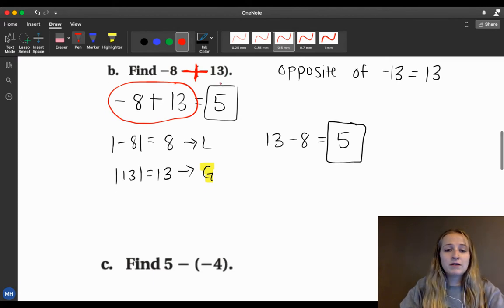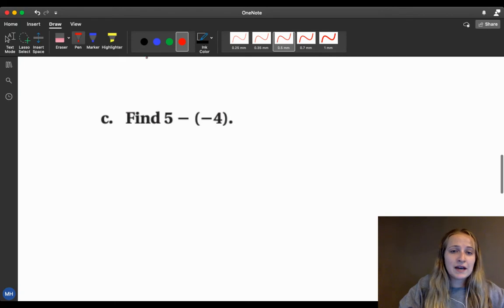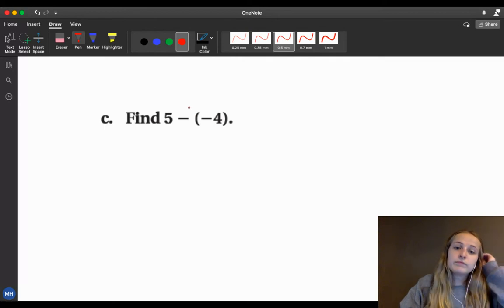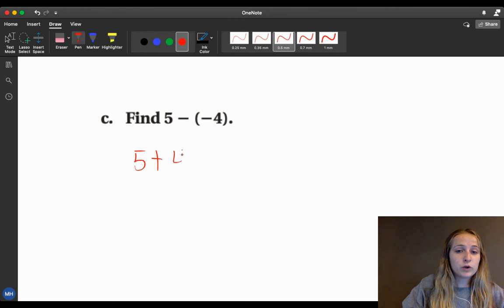So let's go down here to example C, and we're going to try that. So find 5 minus negative 4. Well, I know if I'm adding its opposite, essentially it's going to be 5 plus the opposite of negative 4, which is 4. So it's just going to be 4. But I could also just look at this. I see a subtraction sign and a negative sign.